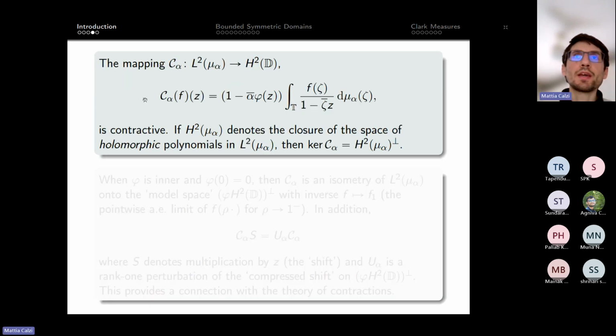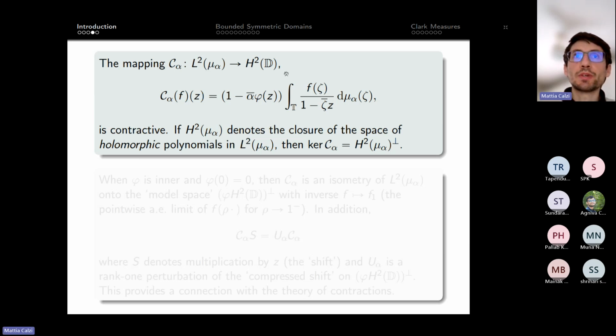Okay. And these measures were actually introduced by Clark in order to study some contraction operators. And this is the link between these two settings, that of Clark measures and the contraction I'm going to define in a moment.